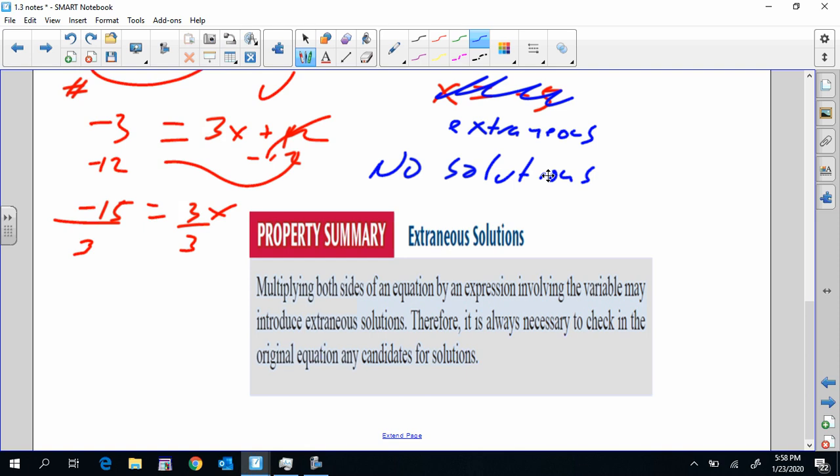Did we do something wrong? No. We just have to be conscious that when we multiply both sides of an equation by an expression containing a variable, it may, not will, it might, it could possibly introduce extraneous solutions. Therefore, you always have to check in the original equation to see if the idea negative 5 equals x is actually a solution.